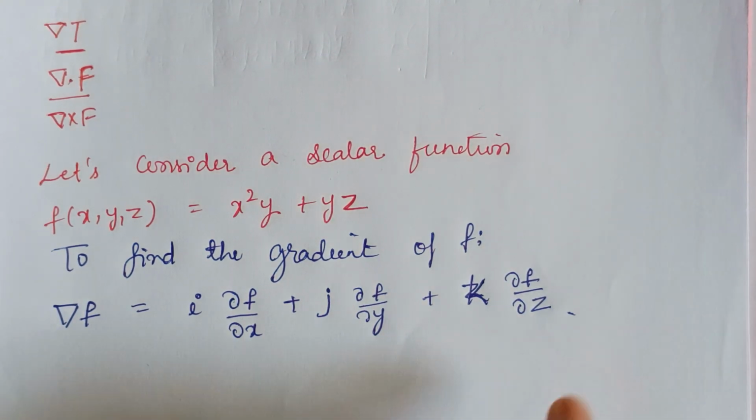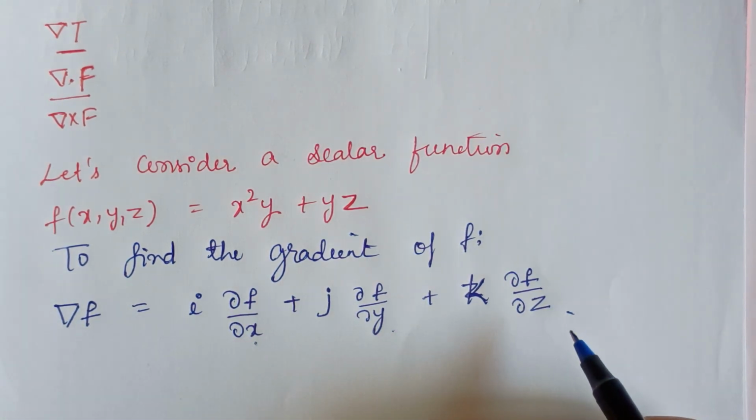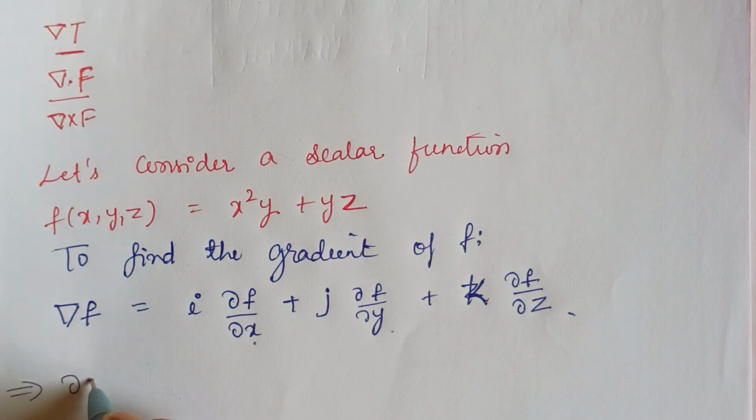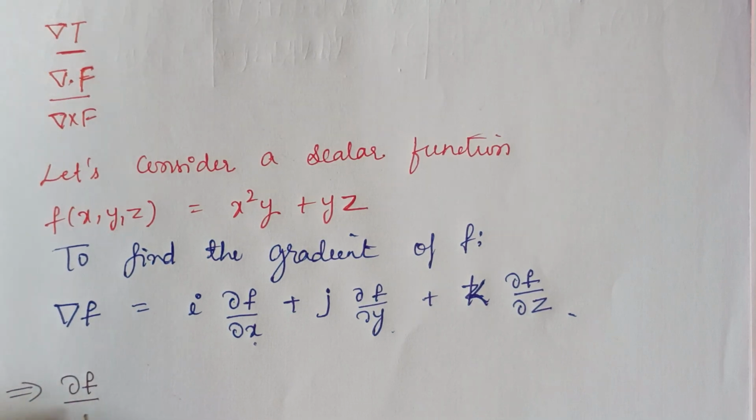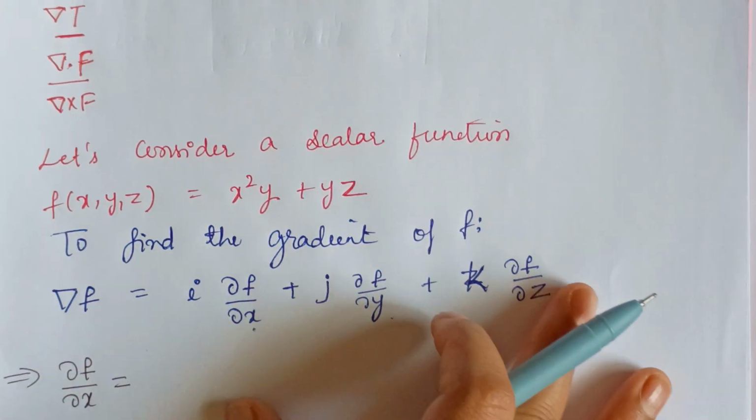Now we will differentiate f partially with respect to x, y and z, so you will understand what I am trying to say. Let me start with the partial differentiation of f with respect to x. This is the equation I have.